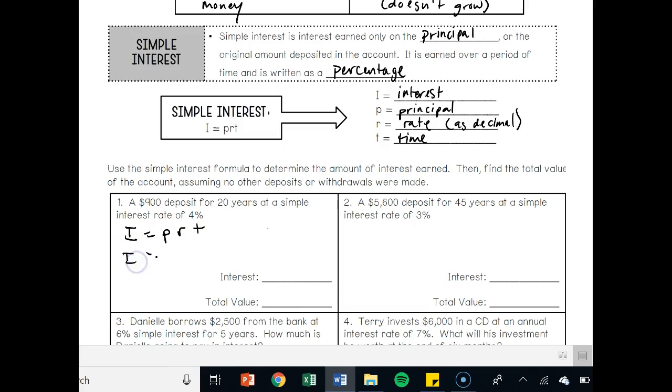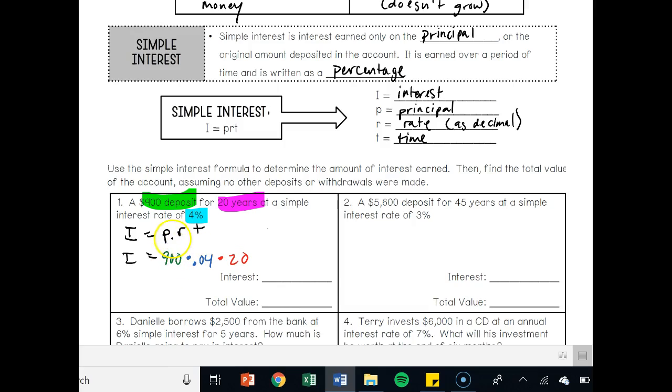So interest is equal to, your principal is $900, so 900 times your rate of 4%, so times 0.04, and then times the amount of time, which was 20 years, so times 20 years.